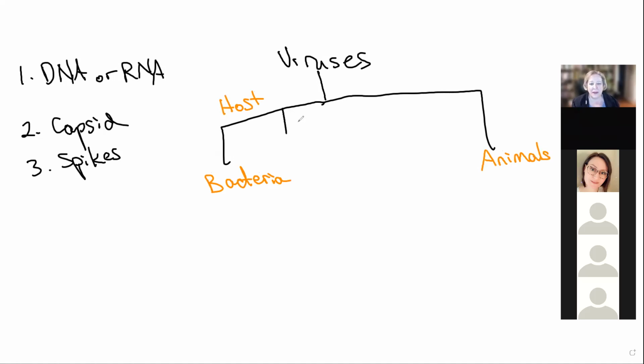But you can also have viruses that infect plants, and I can have viruses that infect fungi and protozoa.